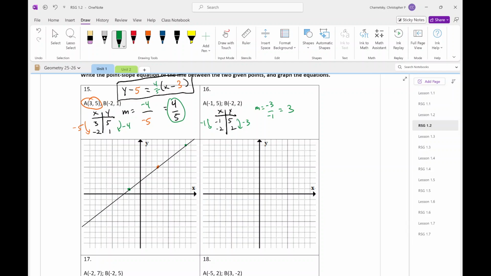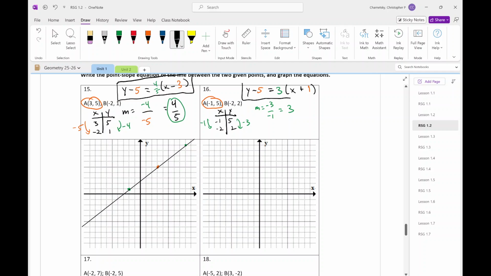All right, then we pick a point. I'm just going to pick A again. Doesn't matter which point you pick to plug into the equation. So y minus 5 equals the slope, 3x, and this is going to be a plus 1 because a minus a minus is going to turn into a plus.